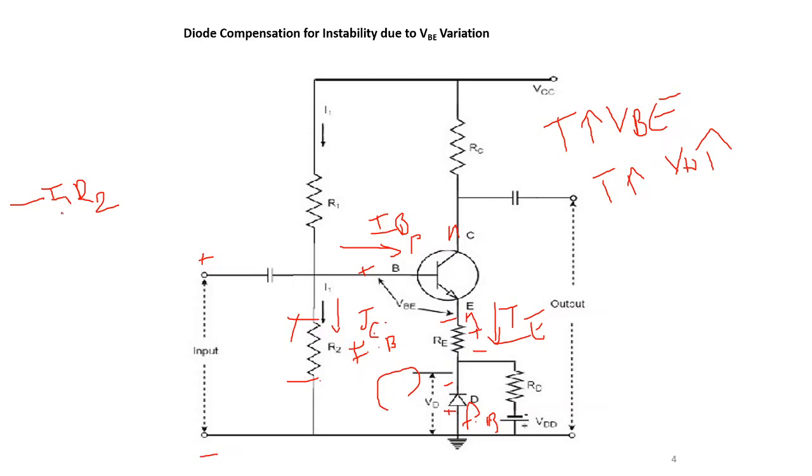So minus I1 R2 plus VBE plus IE RE and next one goes for minus VD equal to 0. Right? So when we apply the KVL equation across this loop, minus I1 R2 plus VBE plus IE RE minus VD equals 0.